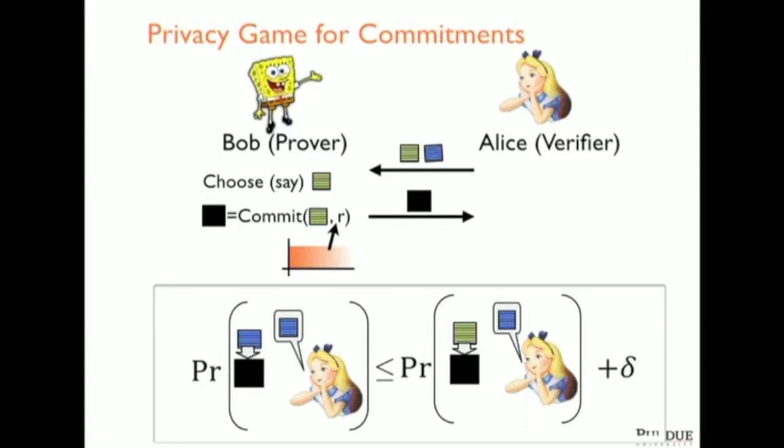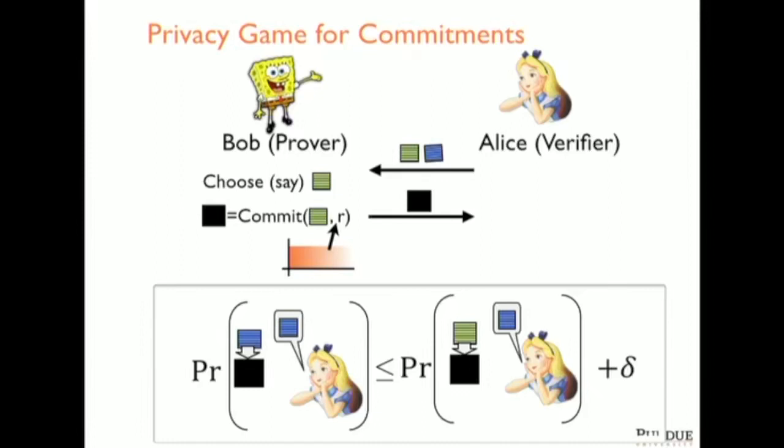And I'm comparing that with the same output, black, where now instead we have committed to the green value, and the adversary is still claiming that the blue value is the one which is committed to. So on the left hand side the adversary is correct and on the right hand side the adversary is wrong, and we are comparing these two probabilities, and we say that this probability should be bounded.